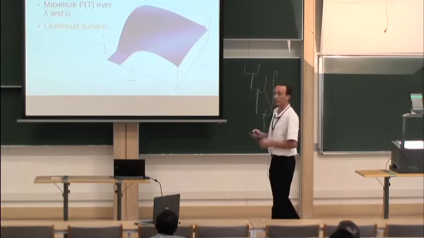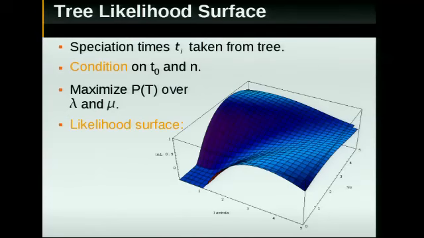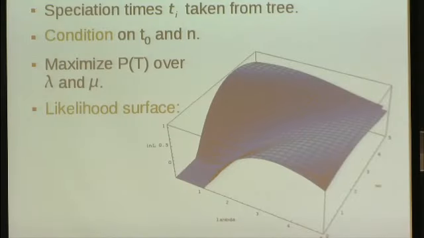So basically I'm creating what's called a likelihood surface. For all the different values of lambda and mu and the combinations of these values, I can calculate this tree probability, again given these tree times. And then I say wherever this surface has the highest value, for those values of lambda and mu, I assume that those are the values that created that tree. So I can do a simple gradient search on this likelihood surface and just keep walking uphill until I get to a maximum here.